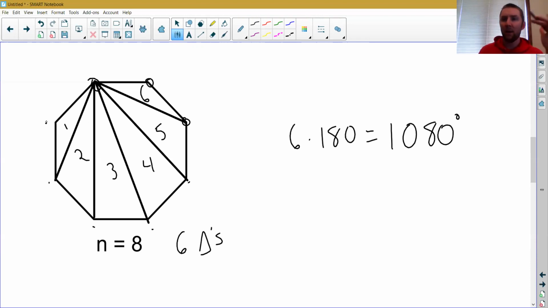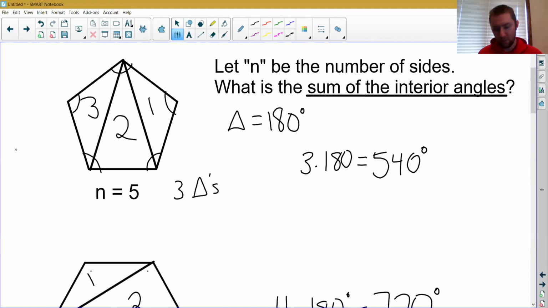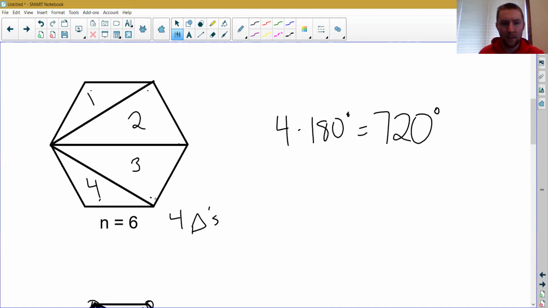Now, if we go back through and look at this, I want you to try to figure out the pattern between how many sides the shape had and how many triangles I could then create, okay? So remember, when I had a 5-sided shape, that turned into 3 triangles when I drew my diagonals. When I had a 6-sided shape, that turned into 4 triangles.